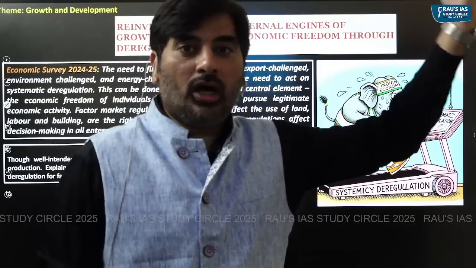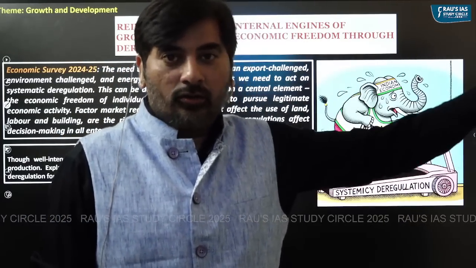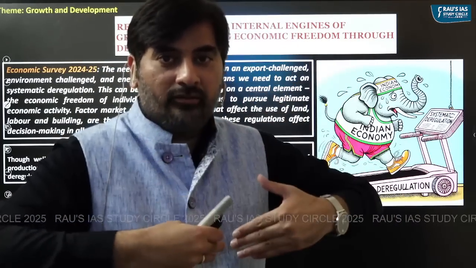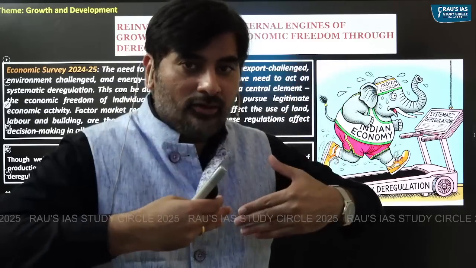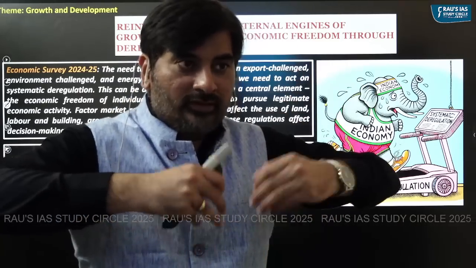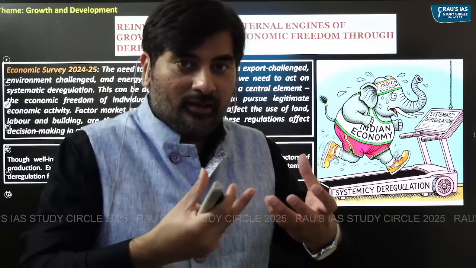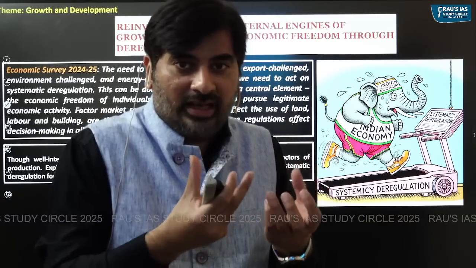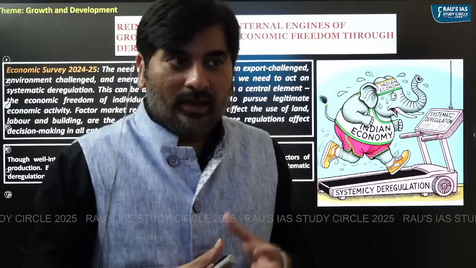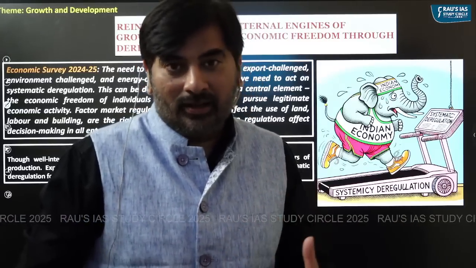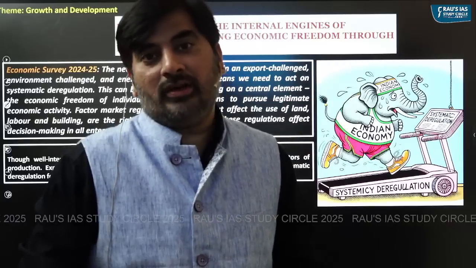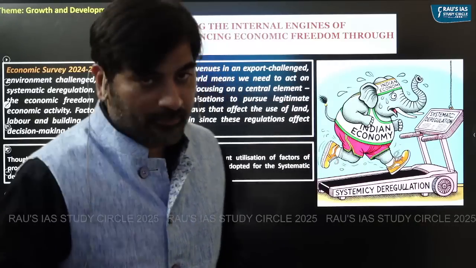India cannot look outward. Because it cannot look more outward, it has to look more inward. And within inward, what we have to do is the efficiency with which we produce goods and services should increase. And that can be done by efficiently utilizing factors of production.